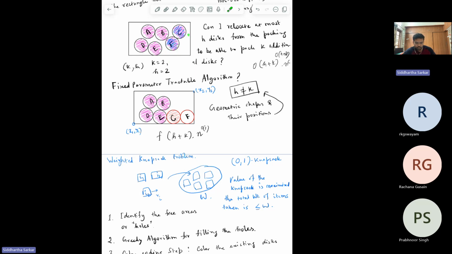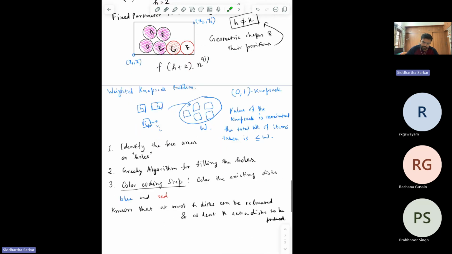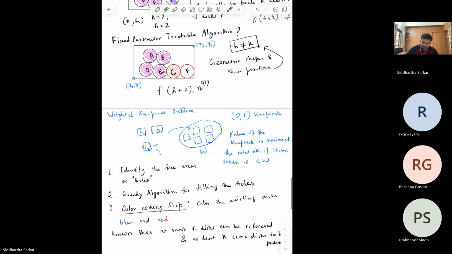After that, they are able to maximize the free space in each, so the holes, they are able to maximize the holes. Now each of these holes, they call it the set of holes, they call it a container. So each container is becoming a knapsack.